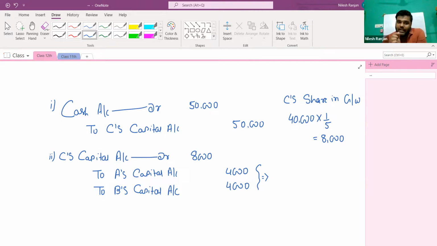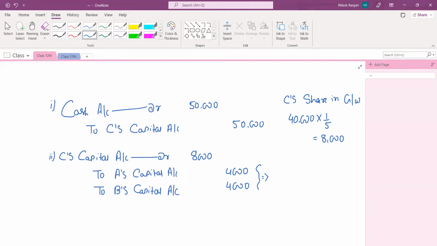So only the liability part will be written on the liability side of the balance sheet, and the balance will be transferred to capital account. If there is any deficiency in workman compensation reserve, then it will be transferred to revaluation account. Okay. Yes, sir. Understood.